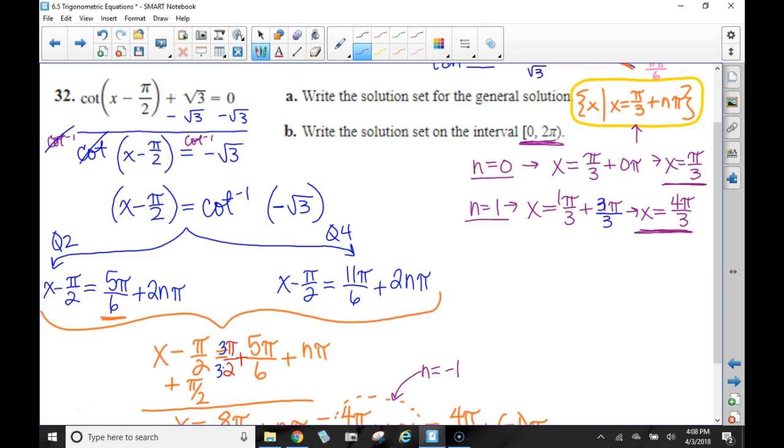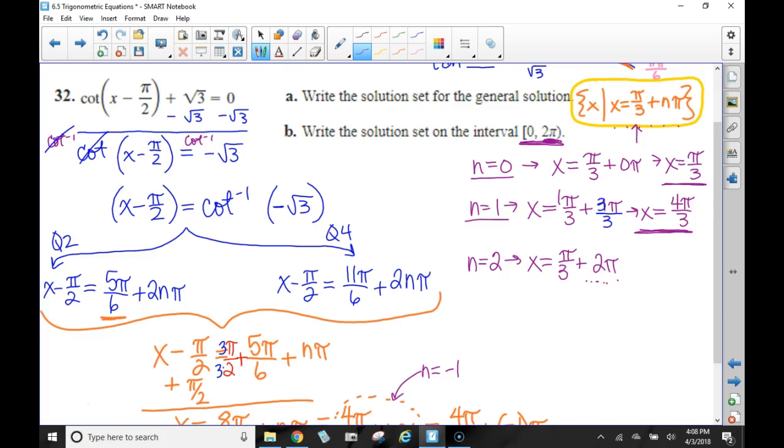Okay? Now let's keep going until we get past the 2 pi. So n is equal to 2. Using our formula above, we're going to have x is equal to pi over 3 plus 2 pi. And when you take pi over 3 plus 2 pi, you get something bigger than 2 pi.